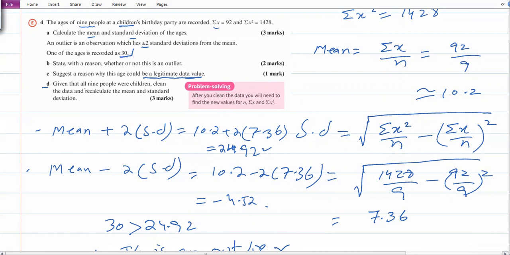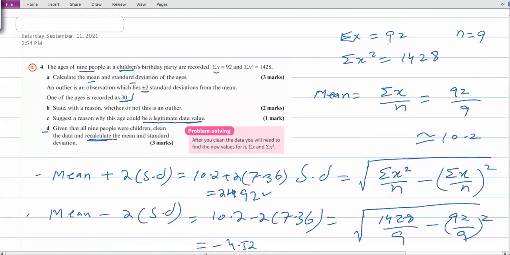Okay, part D is given that all 9 people were children. Clean the data and recalculate the mean and the standard deviation. As it is said that all 9 people were children, you have to clean the data. Initially, sigma x was 92.